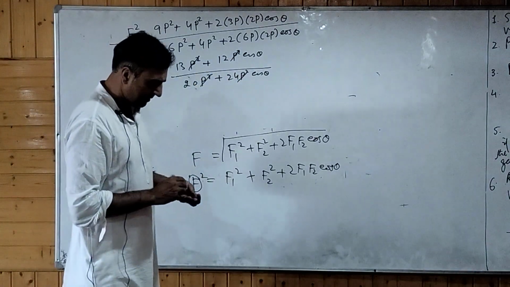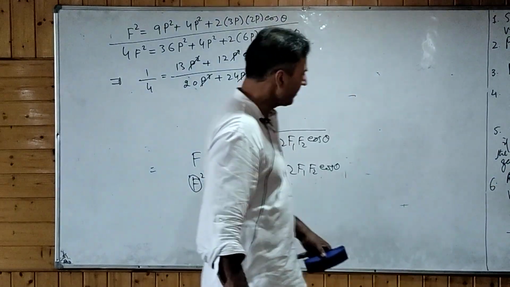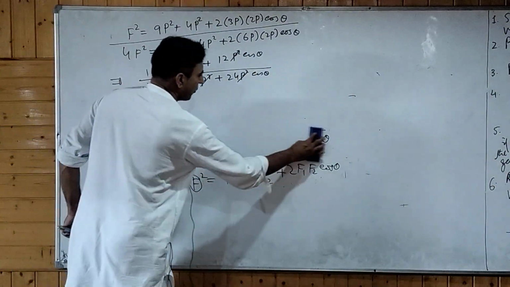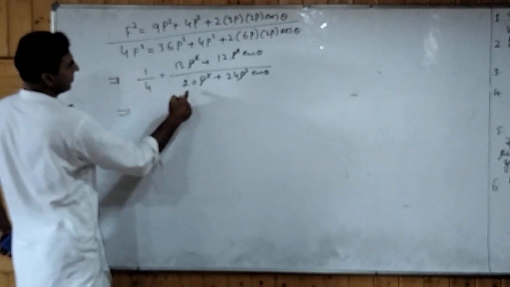So what is the simplest equation, the final result that I am going to get? The final result is, you see, that is 40 plus 24 cos theta.